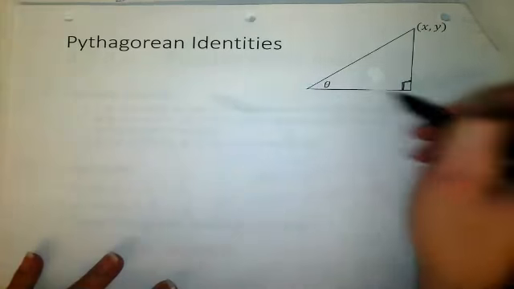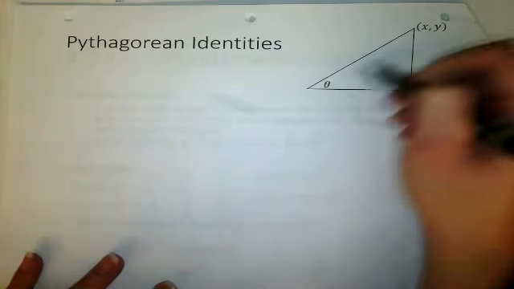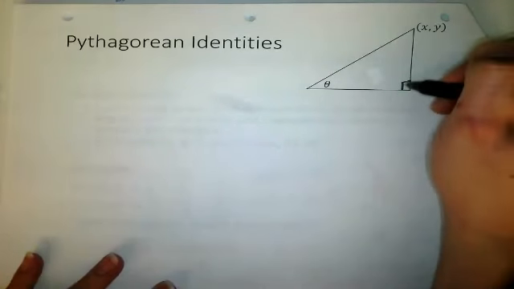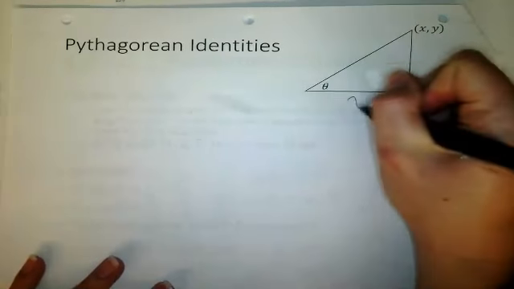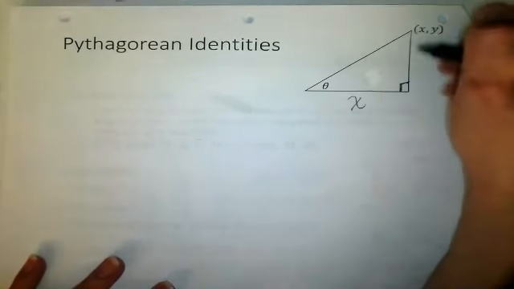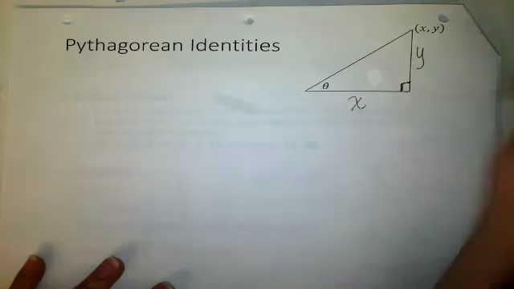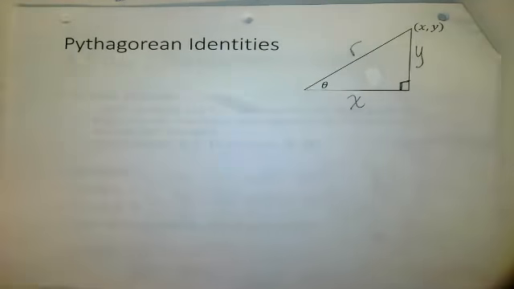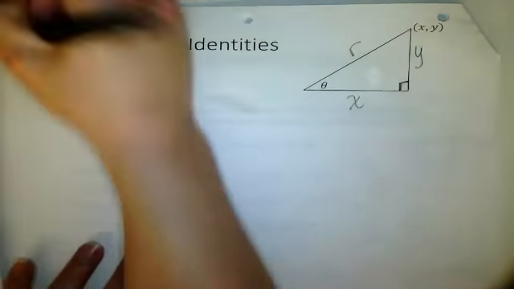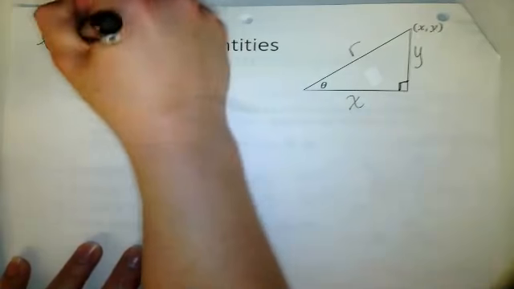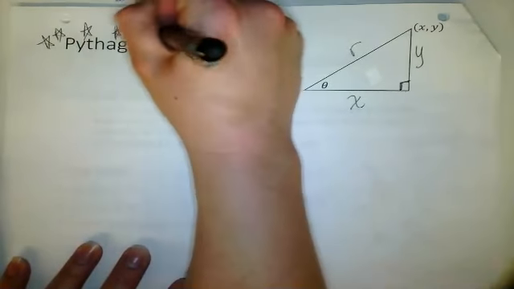So this is our lovely acute angle theta here. And we dropped an altitude and turned it into a triangle, which gives me this leg length of x, a vertical length of y, and again, I'm going to call that hypotenuse r for the reading. And the Pythagorean identities, this is definitely something you must know and memorize.